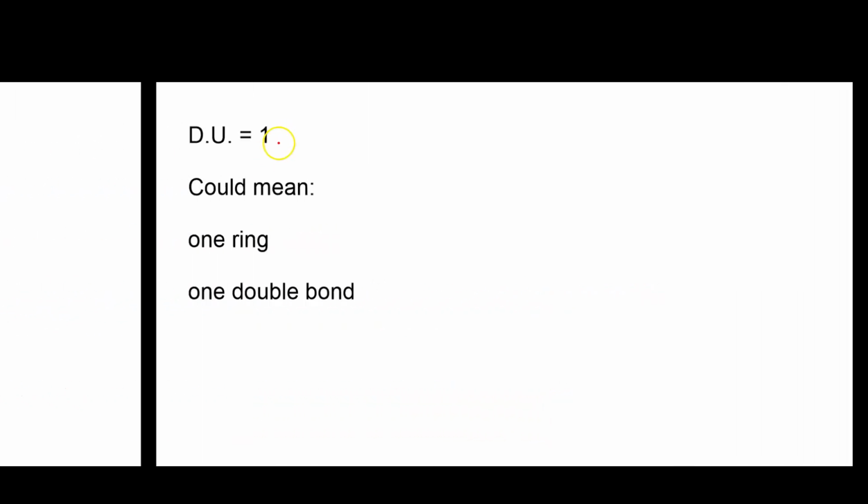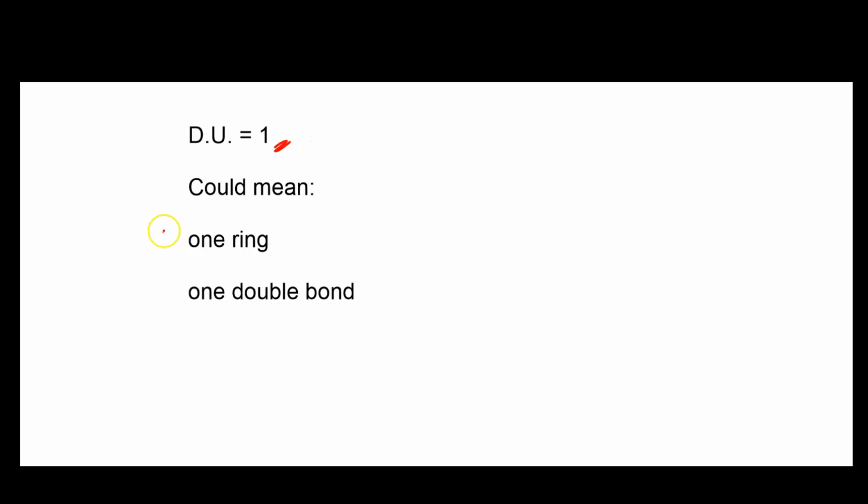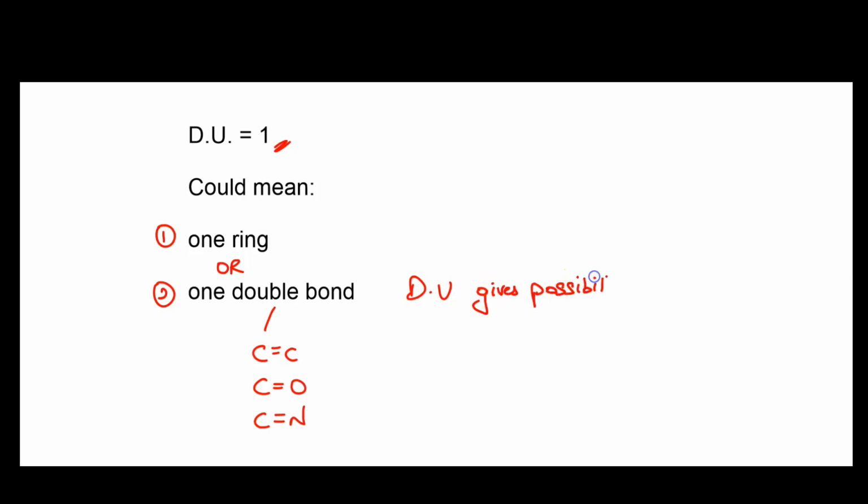If DU is 1, it could mean one ring or one double bond. The double bond could be a C=C, C=O, C=N, or another double bond. So DU gives possibilities, not the final answer.